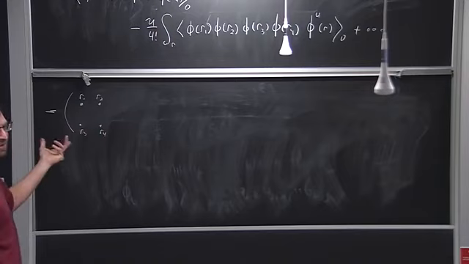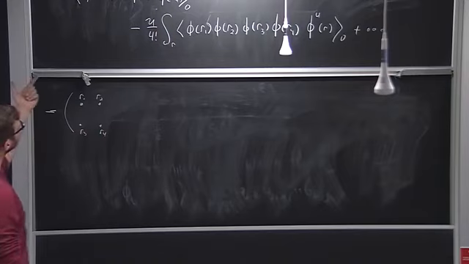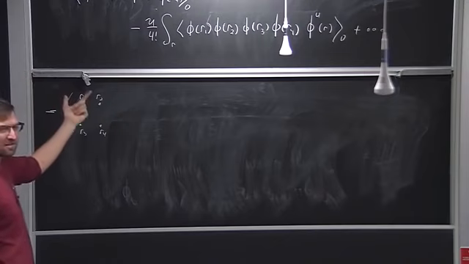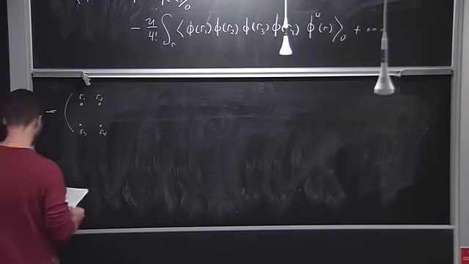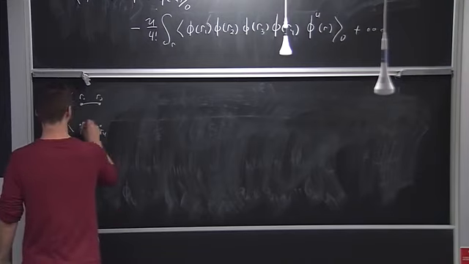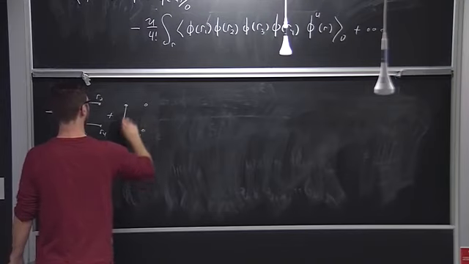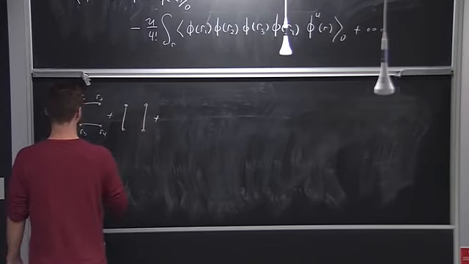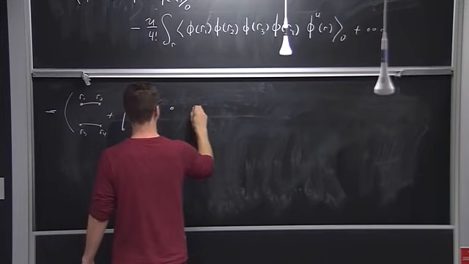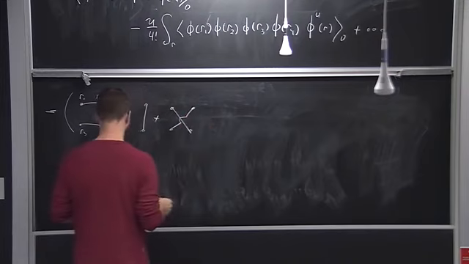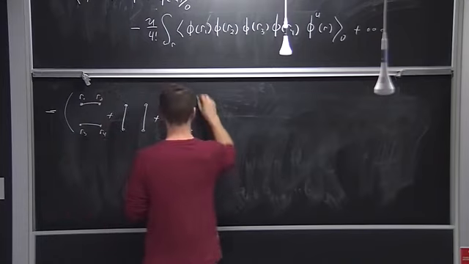Okay, so you still need Wick's theorem. Right, you're writing this as a sum over all possible pairings of the indices. Okay? So you'll get something like this. I don't know. This. This. Yeah.